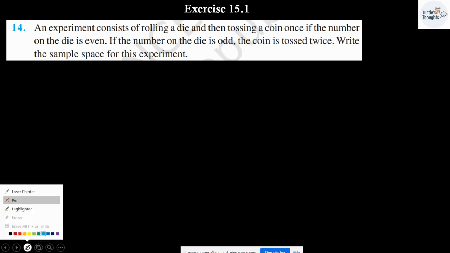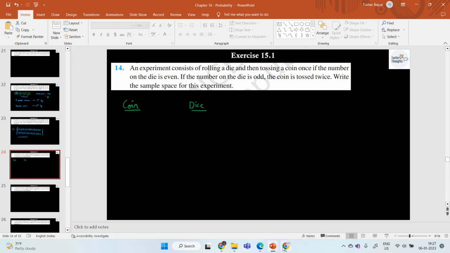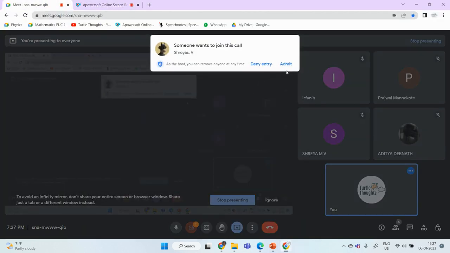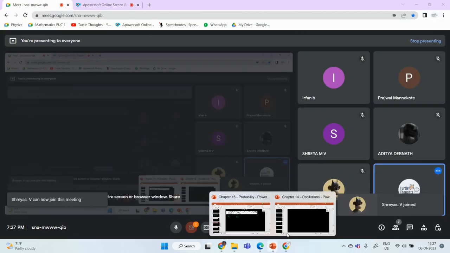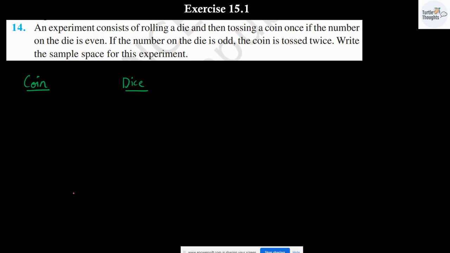First, I will be writing a coin and a die. The question is about a coin and a die. Okay, coin and a die is written.